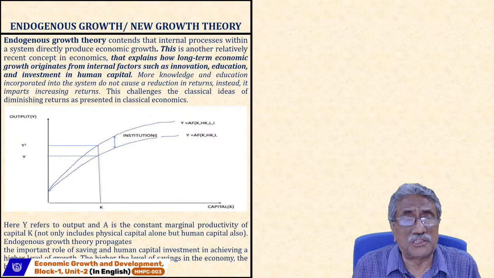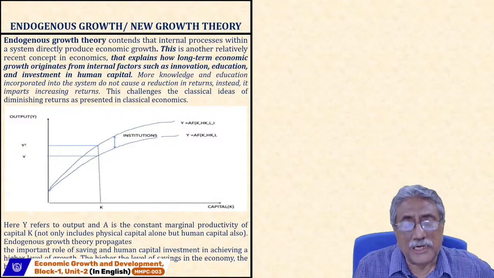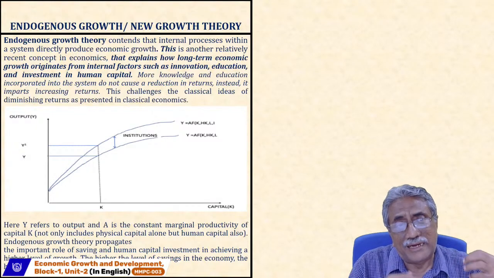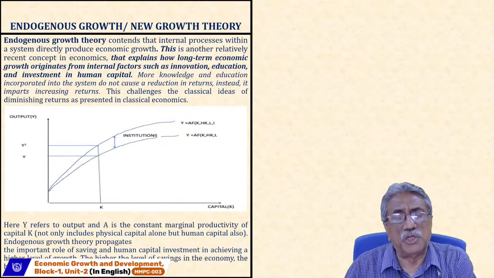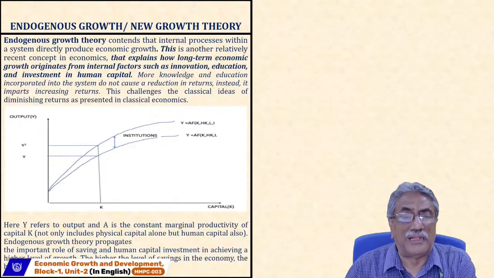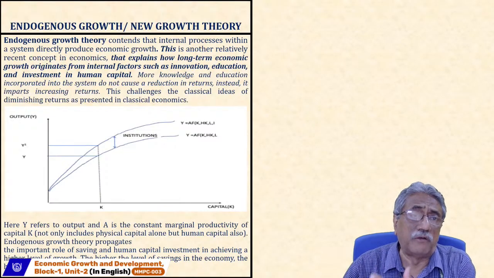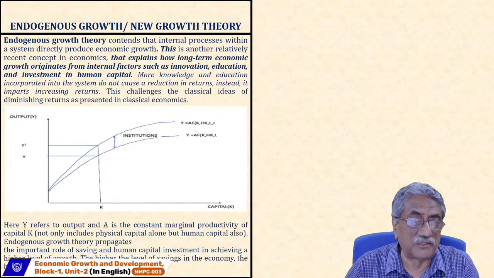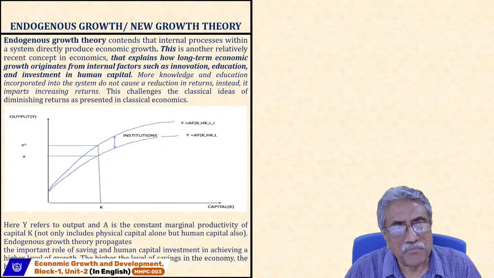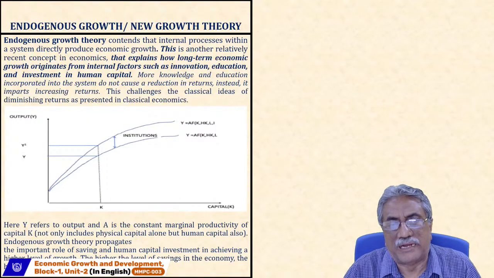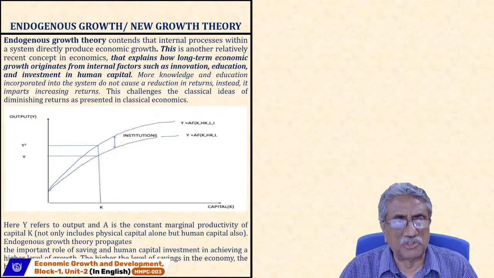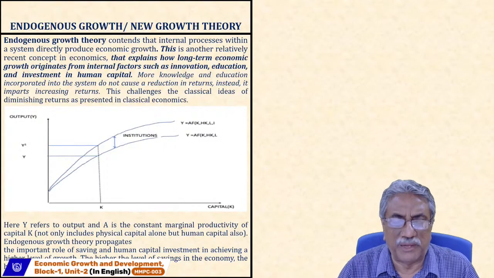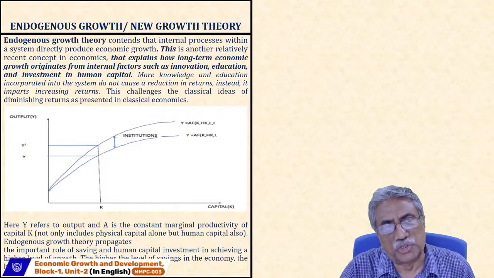So endogenous growth is saying, unlike the earlier two growth theories, that internally, if you educate, you innovate, you invest in human capital, your people are healthy and so on, their productivity will be higher, and you will have growth. So focus on that. That's the endogenous theory or new growth theory post 1980s. A lot of economists in the US are propagating it. So this is the last of the three main theories we were trying to discuss about growth theory.